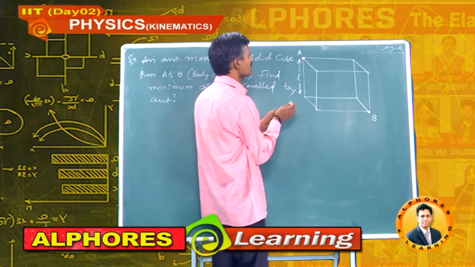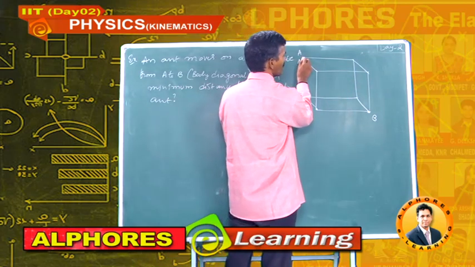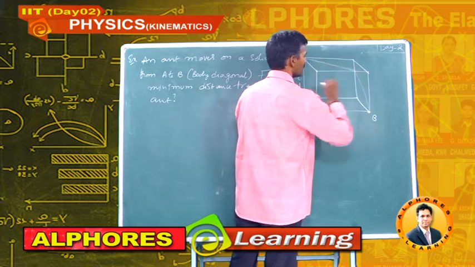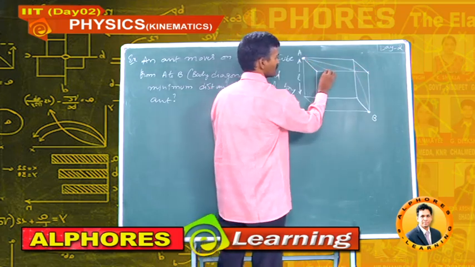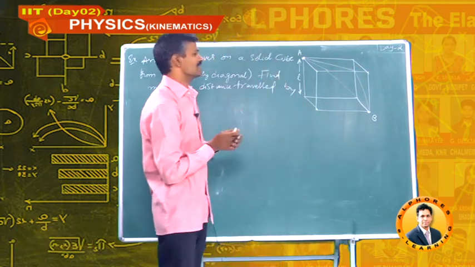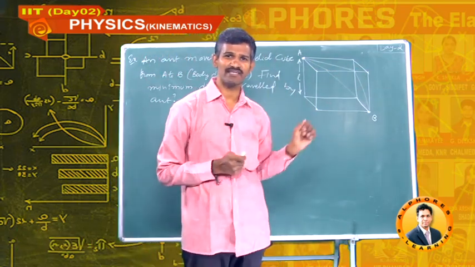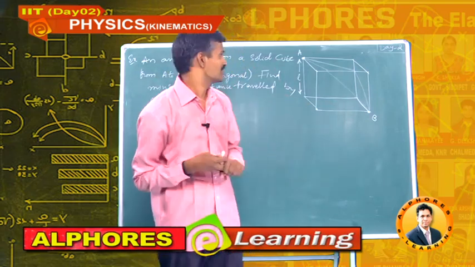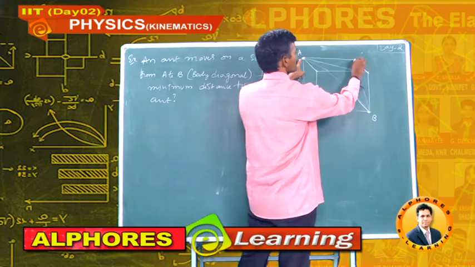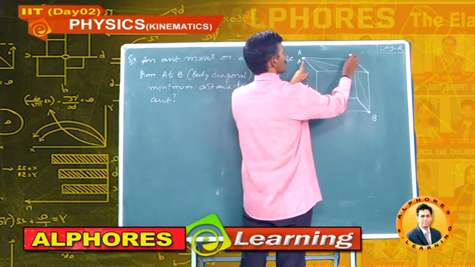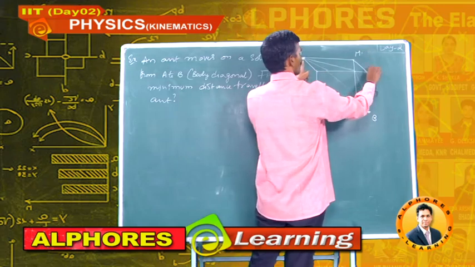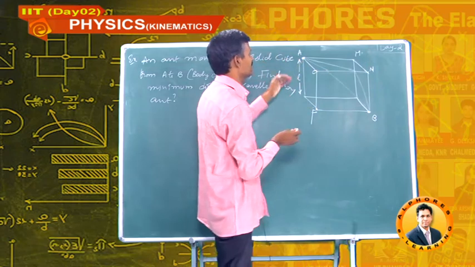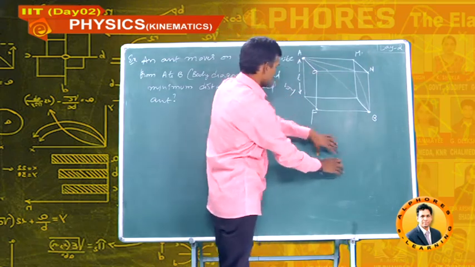How to calculate the minimum distance traveled by the ant? It may travel like this, here to here, or it may travel like this. So it is very difficult to calculate, particularly the minimum distance. To understand the situation, I am considering this upper face as M, N, O, P. For the sake of convenience, I am opening the two faces here.